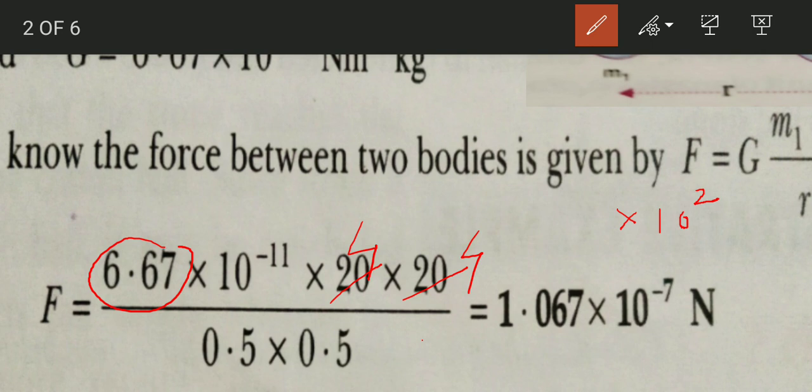You take the numbers together and keep this 10 raised to minus 11 separate. We have taken this separate and the number separate.